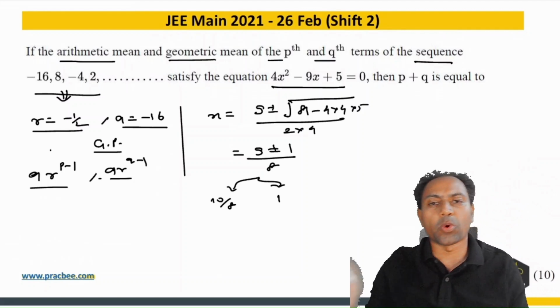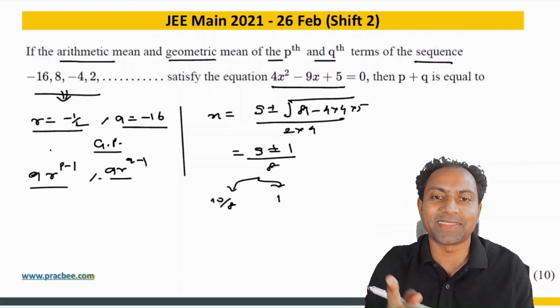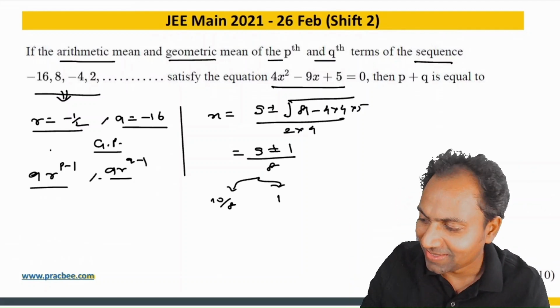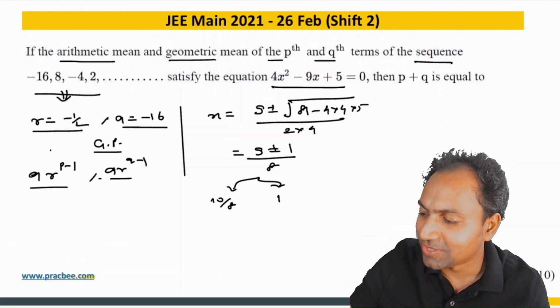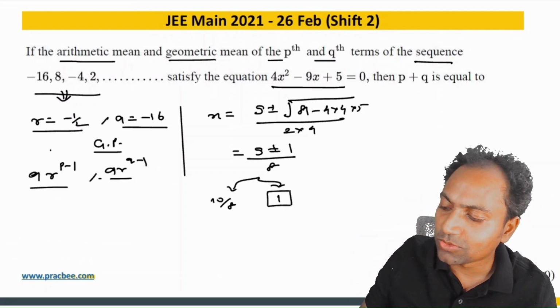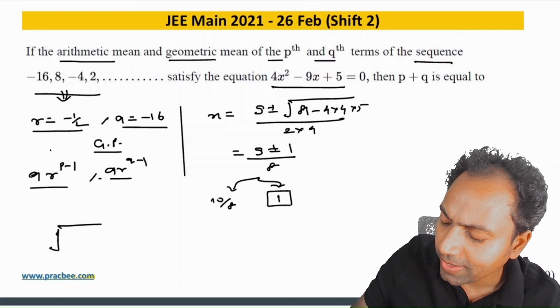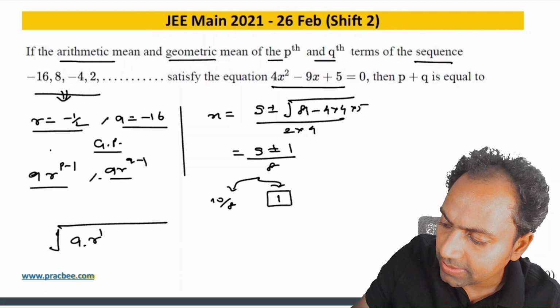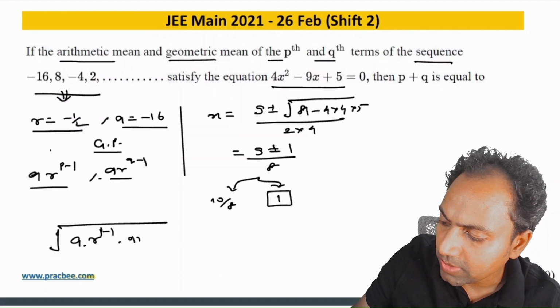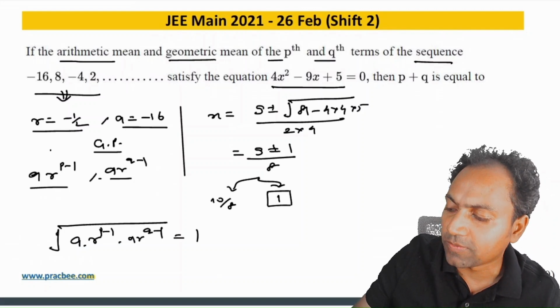Now see, the smaller root is going to be the GM and the greater root is going to be the arithmetic mean, because AM is always greater than or equal to GM. So I will have to consider this root. So if I consider this root, what they are saying is the square root of a r raised to the power p minus 1 into a r raised to the power q minus 1 should be equal to 1.